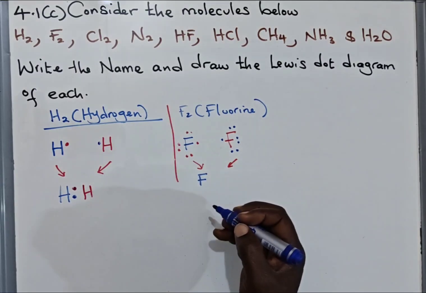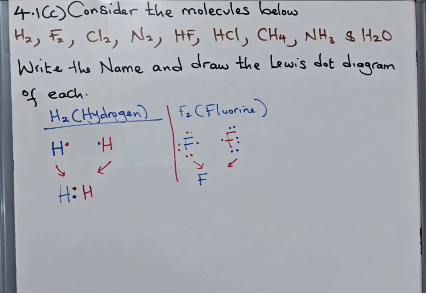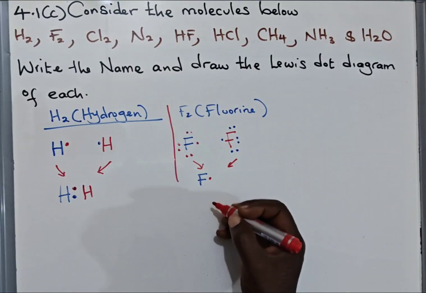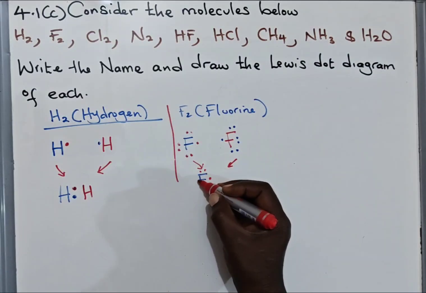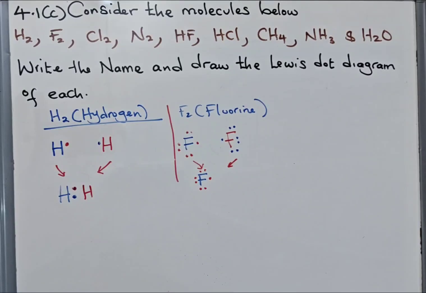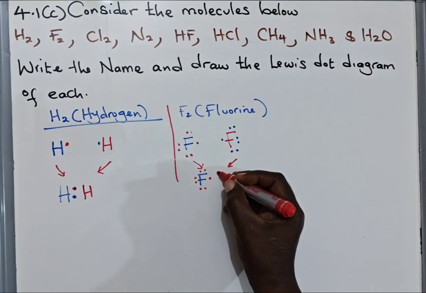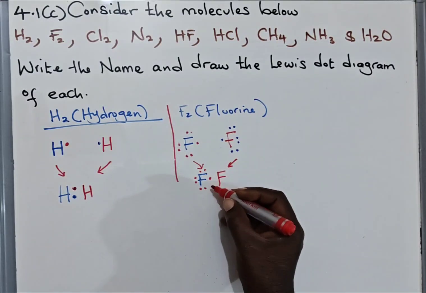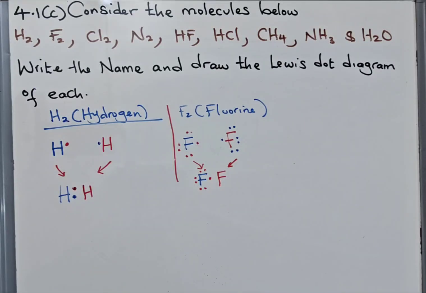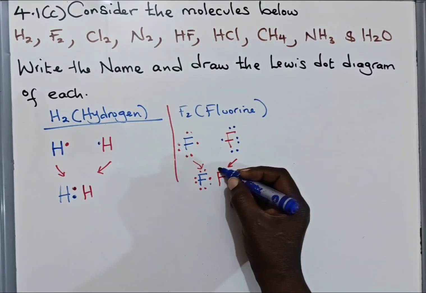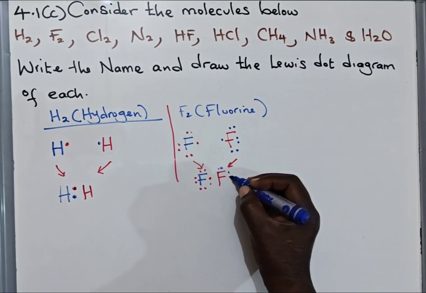So this is F coming with its electron and its lone pairs. Those paired ones are called lone pairs. Then another fluorine atom comes, bringing its unpaired electron, and we distribute its lone pairs around.